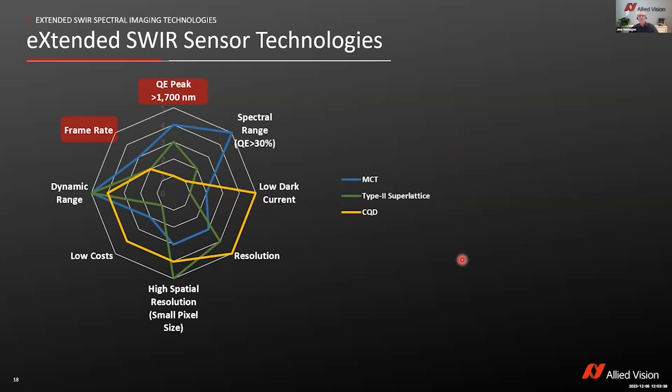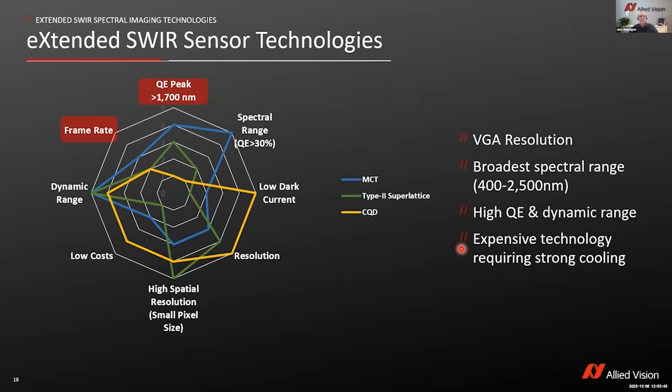Whereas the MCT sensor-based camera with VGA resolution sensor supports the broadest spectral range from 400 to 2500 nanometers at high quantum efficiency, and its dynamic range is also at the highest level in our comparison. Nevertheless, it's still an expensive technology requiring strong cooling that is realized via Stirling coolers to compensate the high dark current of the sensor.